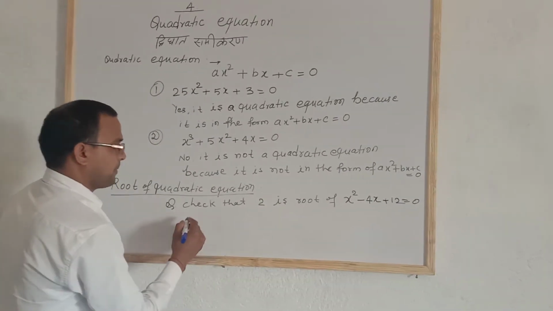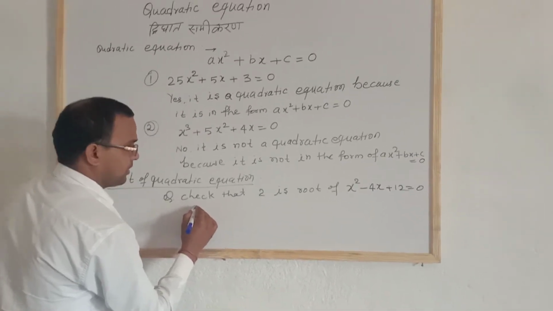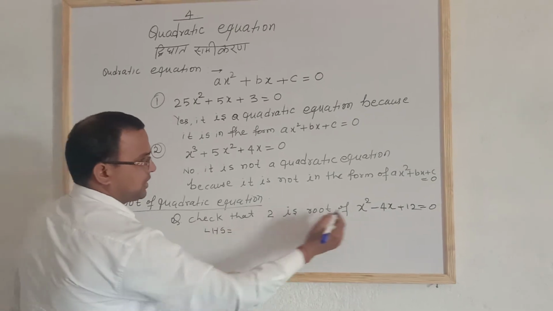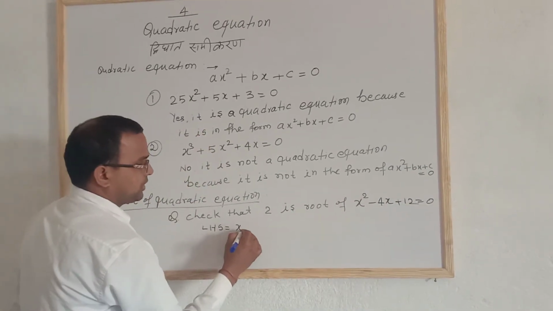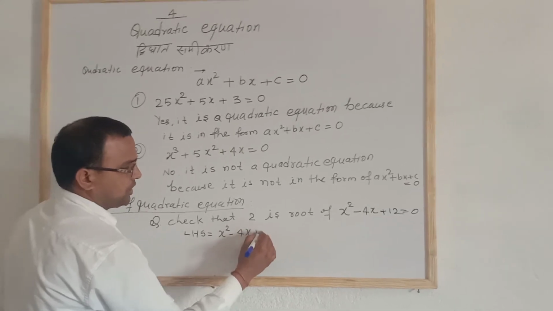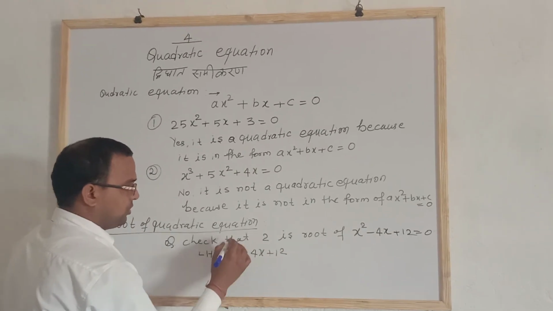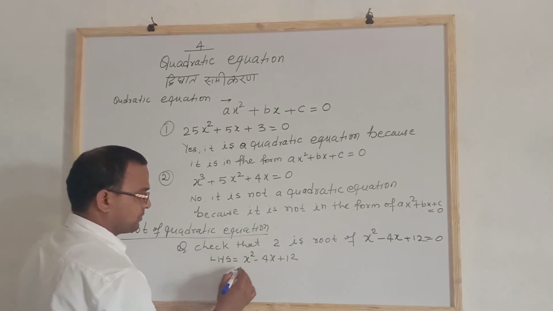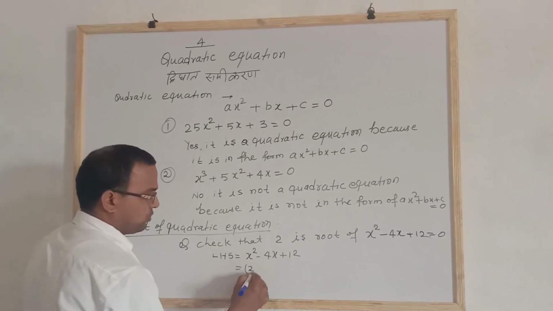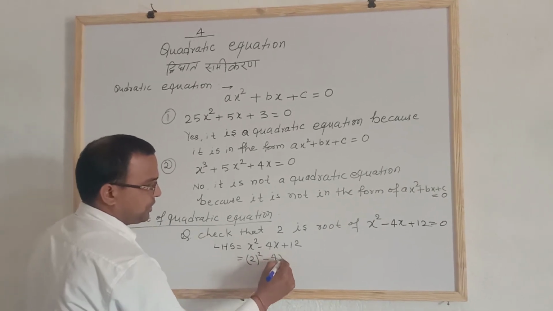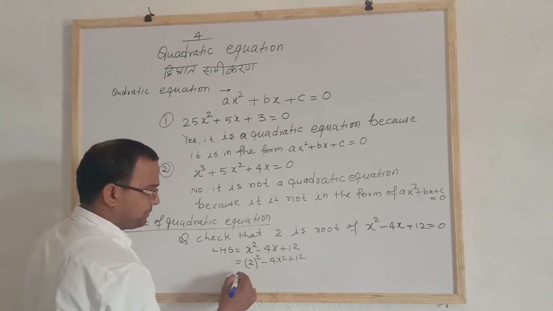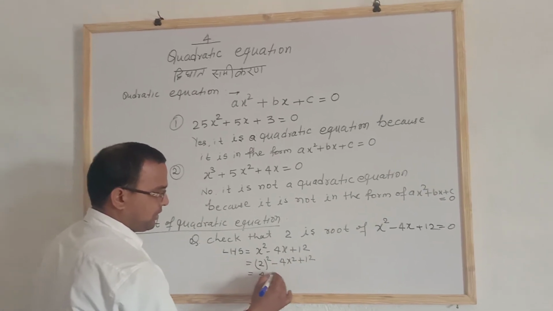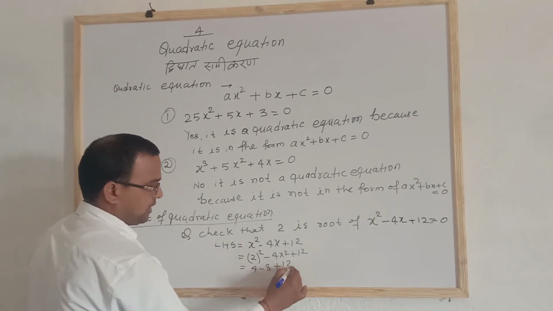For it, we can take LHS is this x square minus 4x plus 12. So when x equal to 2, we can put here x equal to 2: 2 square minus 4 into 2 plus 12. It means 4 minus 8 plus 12.